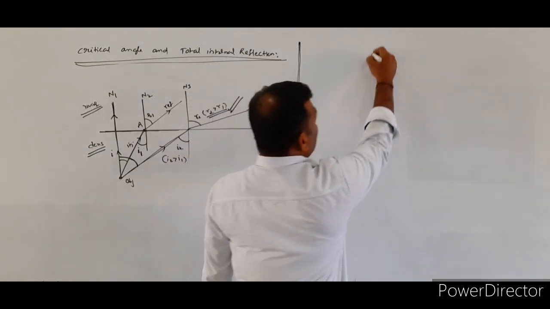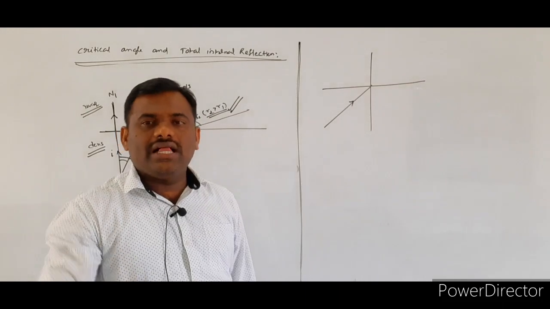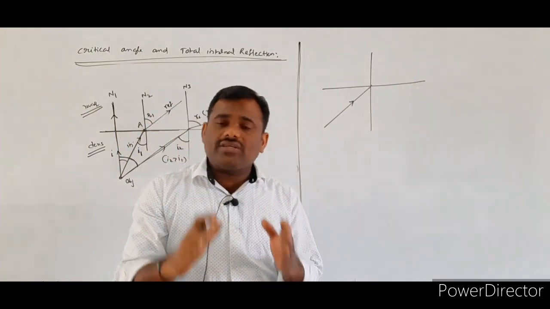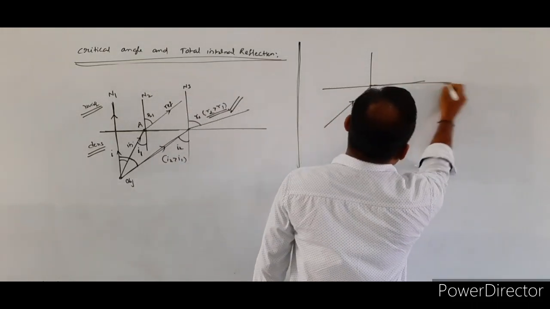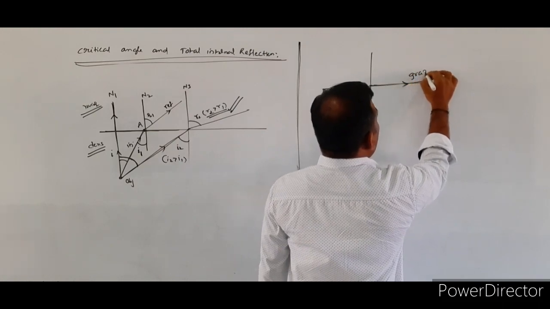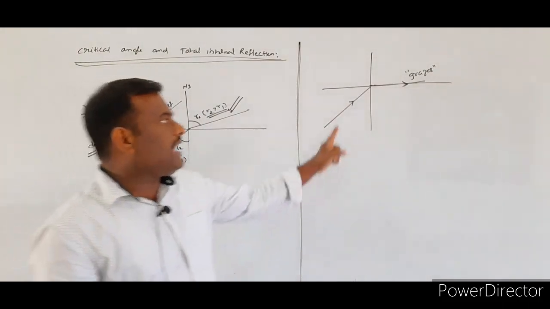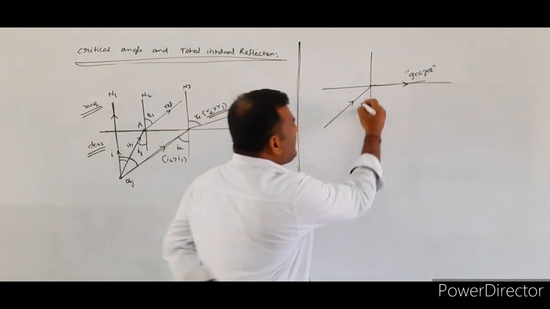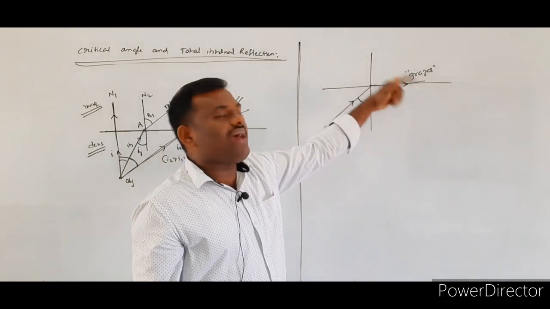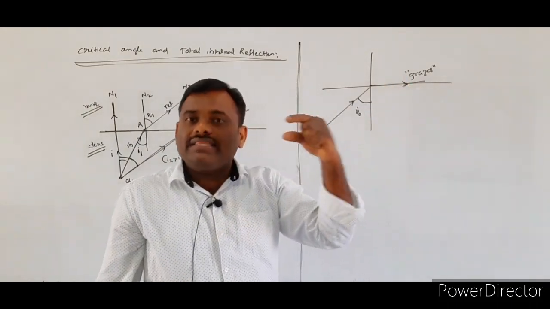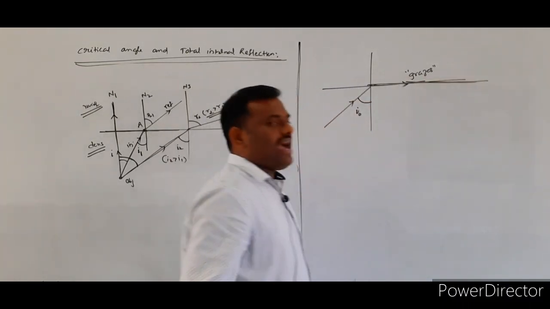But at a particular angle of incidence within the denser medium, the refracted light ray, which exists within the rarer medium, will just graze the refracting surface.